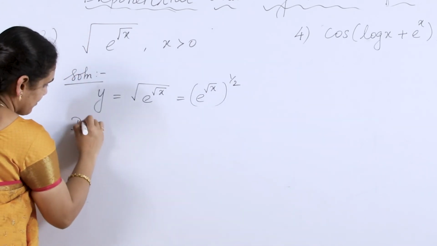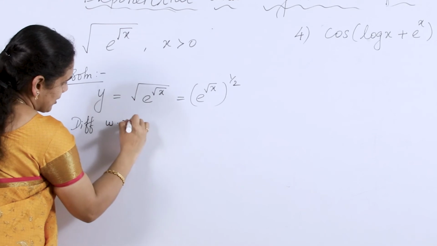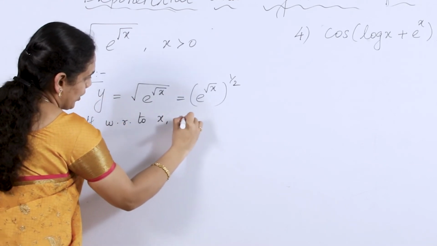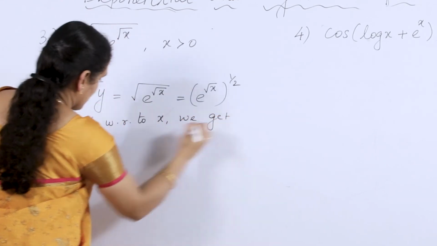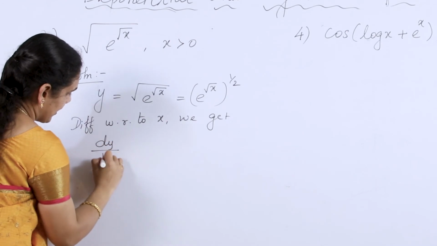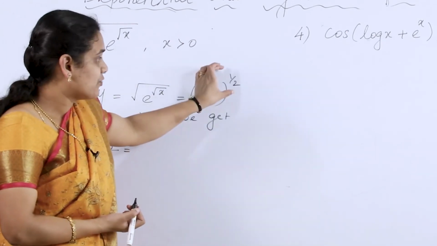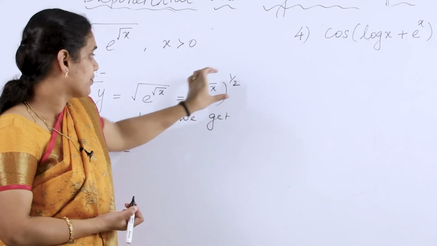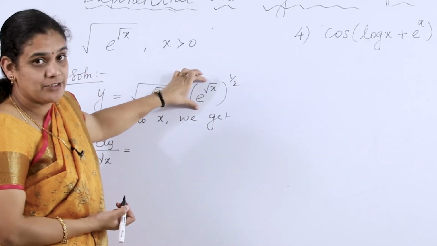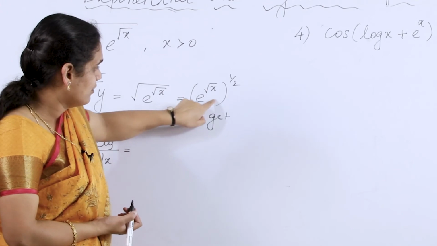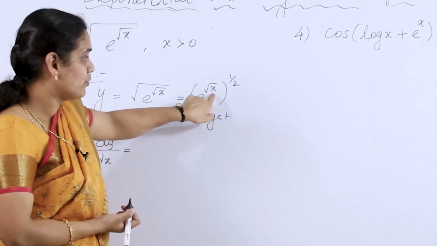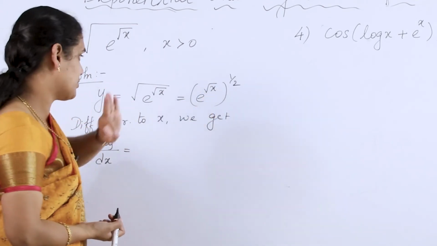Then differentiate with respect to x, we get dy by dx is equal to, here also we apply the chain rule. First we differentiate the power, then we get inside, we have to differentiate the base, then we differentiate e to the power x, then we go to root x. Okay, so 3 steps we have to do.